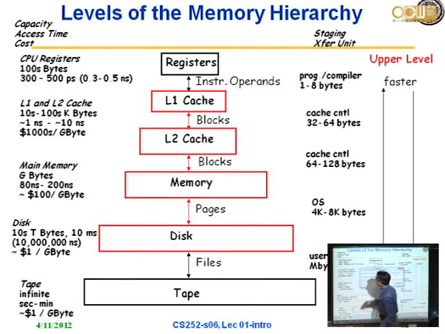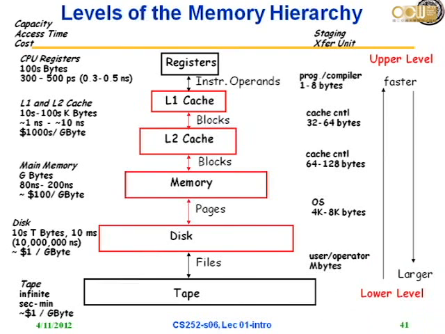Okay, and cost-wise, per gigabyte cost would be thousands of US dollars, hundreds of US dollars, $1 US, and perhaps much less than $1 US in year of 2000 or so, about 10 years ago.